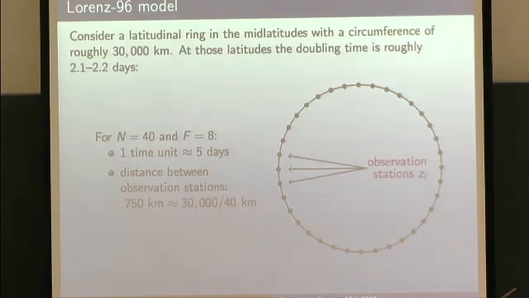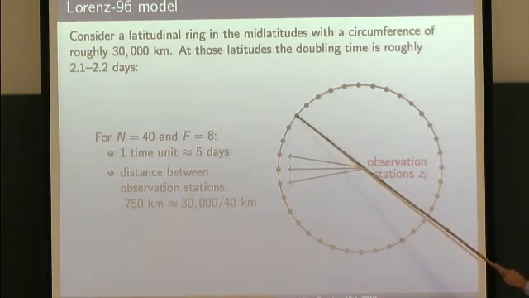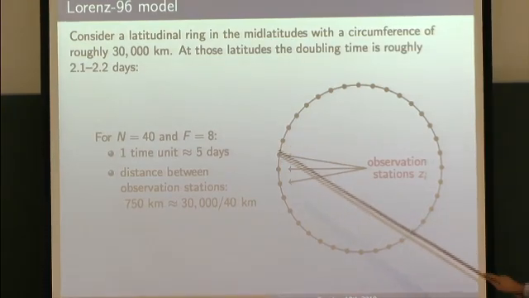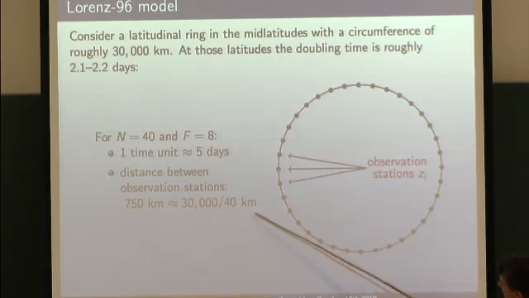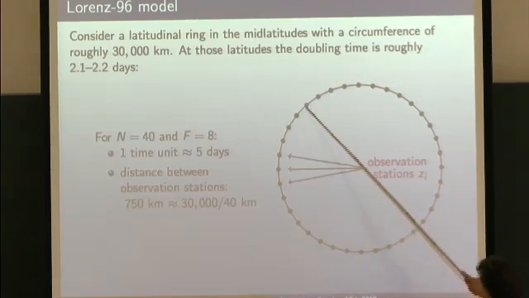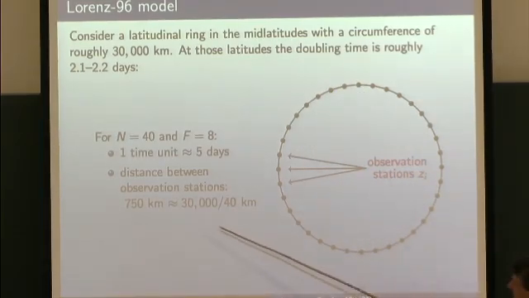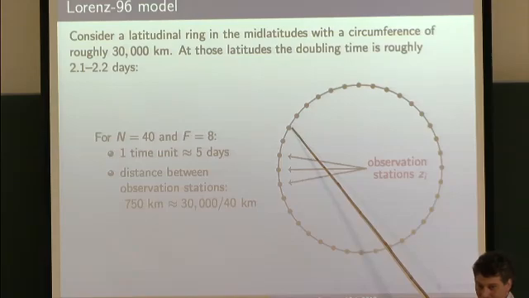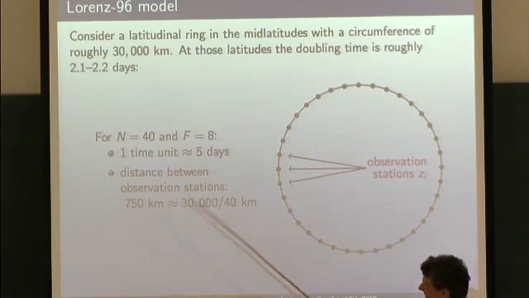Then Lorenz said the following. He wanted to make a connection with the mid-latitudes, so he had a ring. These are all your variables Zi, equally spaced. If this ring is 30,000 kilometers, one ring around the sphere, and we have, let's say, 40 variables, then the distance between two of these variables in the state space is roughly 750 kilometers.